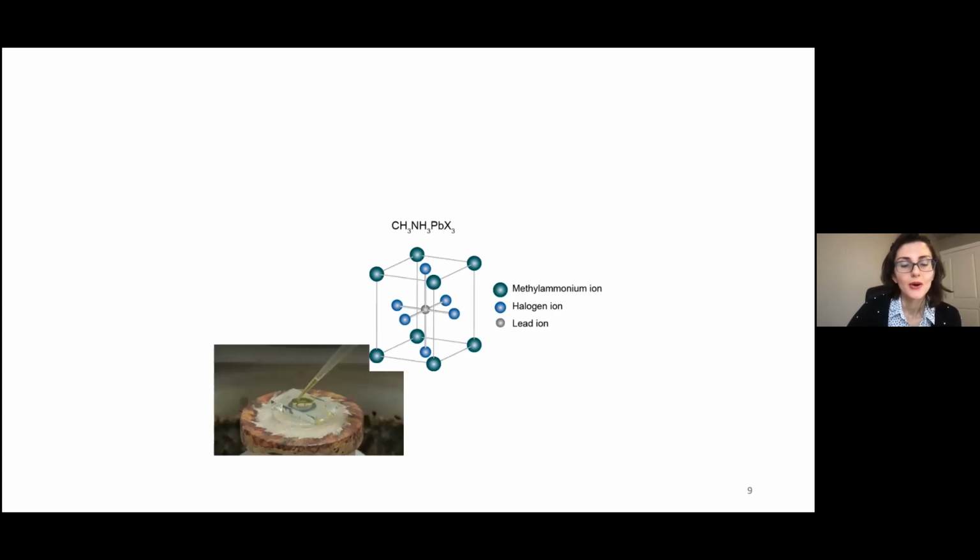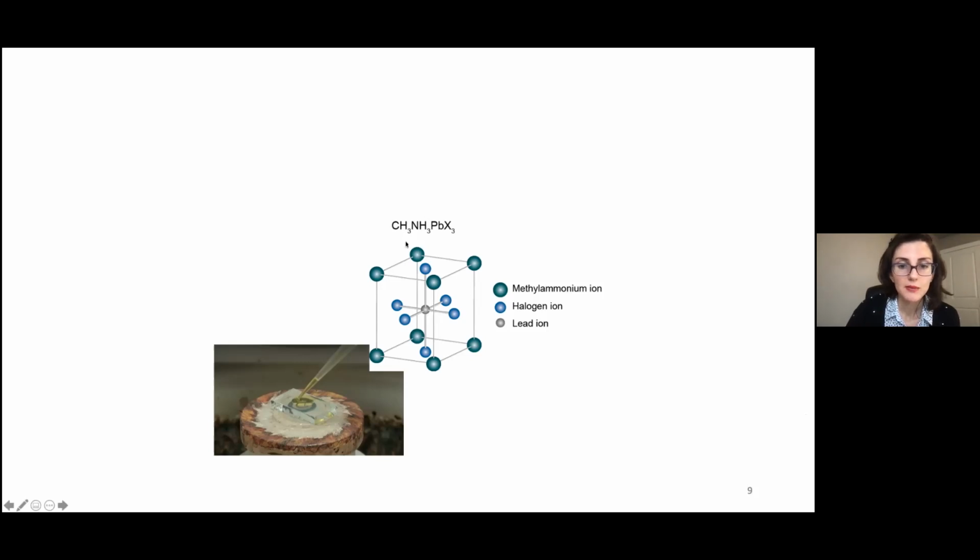Let's look into these two figures now. On the left side, you see that yellow colored chemical. And on the right side, you see the crystal structure of perovskite. Both of them are the perovskite material, the absorber material we have in this new PV technology.